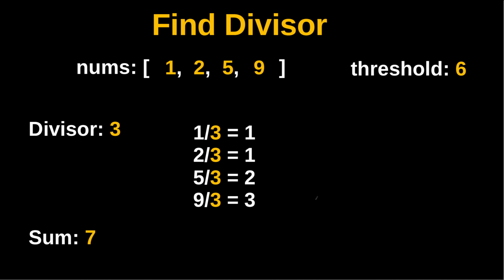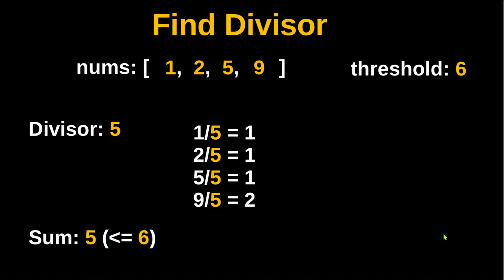So basically, we round up to the next integer, or alternatively, you can think of it as taking the ceiling of the results. For example, 5 divided by 3 is 1.667, and the ceiling of that is 2. The results are 1, 1, 2, and 3. If we sum up all of these values together, we get 7. And 7 is still greater than the threshold, so this divisor would not work.